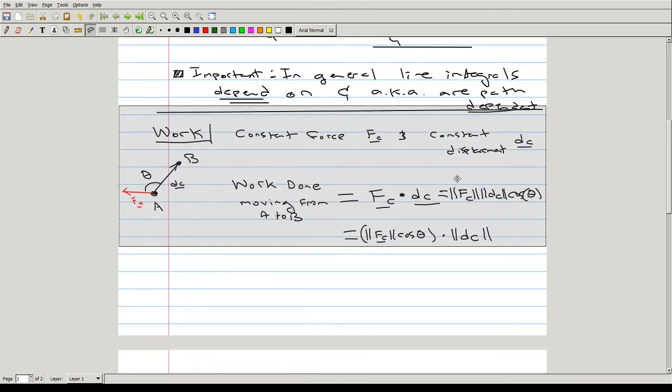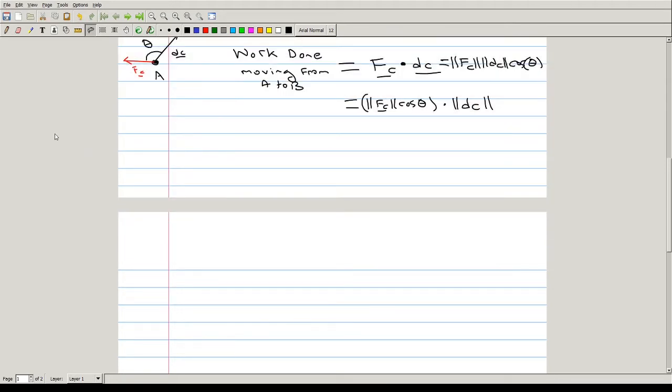In the more complicated scenario, we're moving from point A to point B along some possibly very complicated path, and for every single point on the path the force might be pointing in a different direction, and also have a different, very large or very small magnitude depending on the force field that we're moving through.